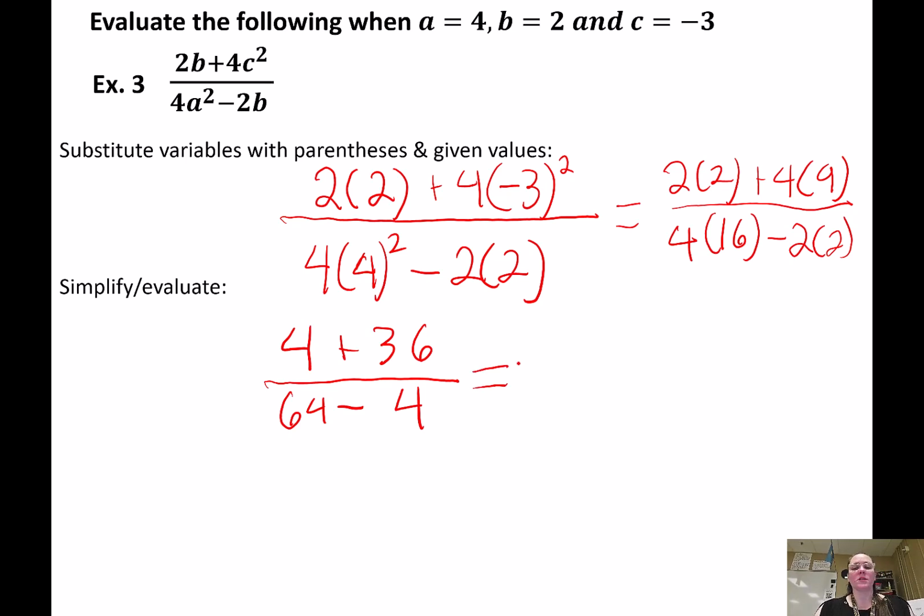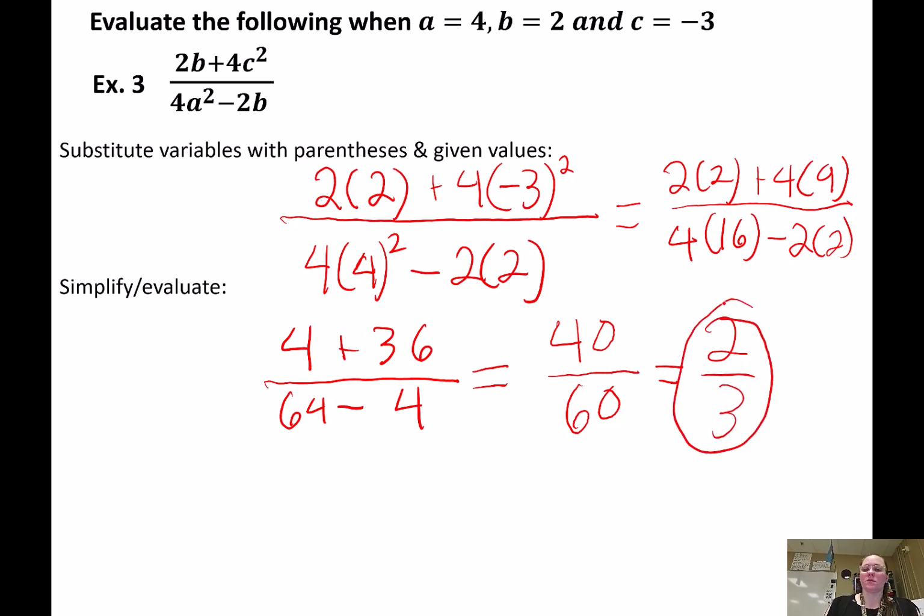Okay, so 4 plus 36 gives me 40, and 64 minus 4 gives me 60. And 40 over 60 simplifies. Well, both are divisible by 20, so my answer is 2/3. A fractional answer is acceptable, so don't be confused when you see that.